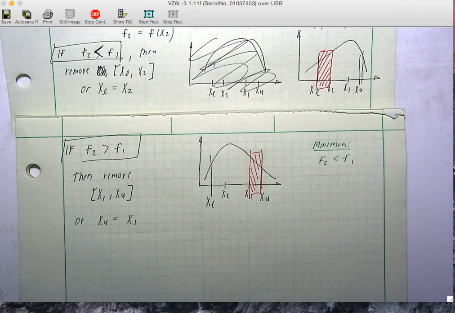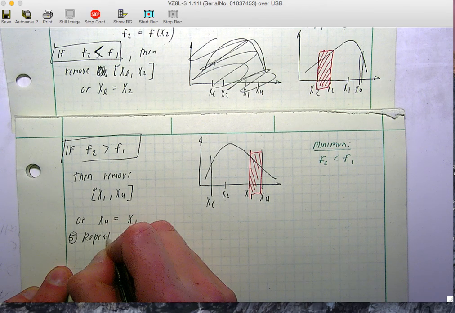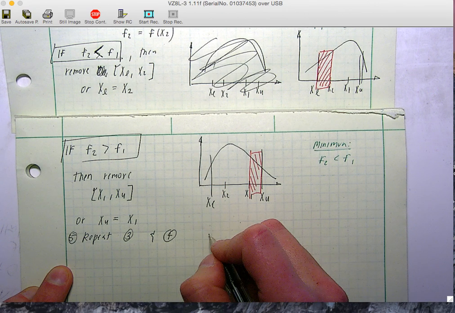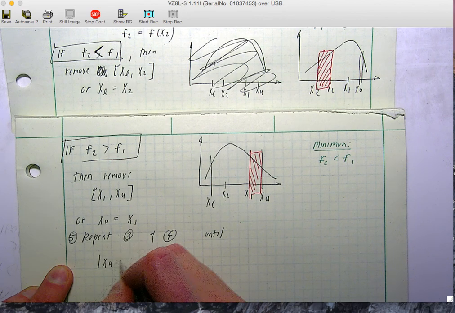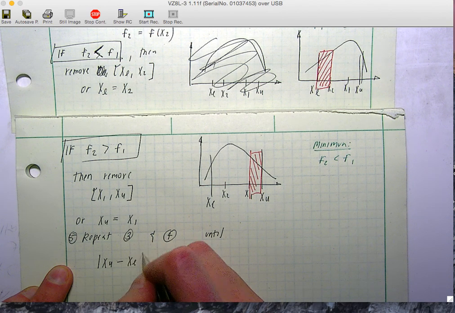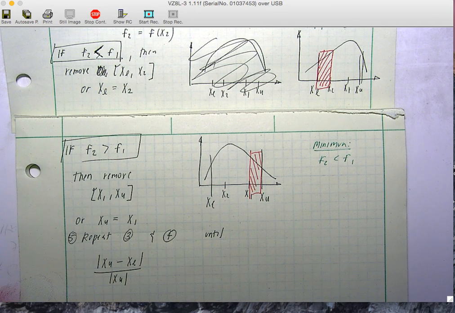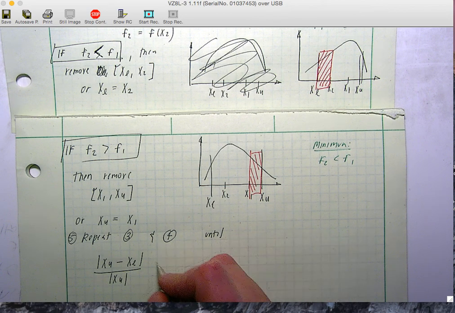And then the last step of this algorithm is to repeat steps 3 and 4 until some condition is met. So basically you're going to keep repeating this process until the X lower and X upper are really close together.